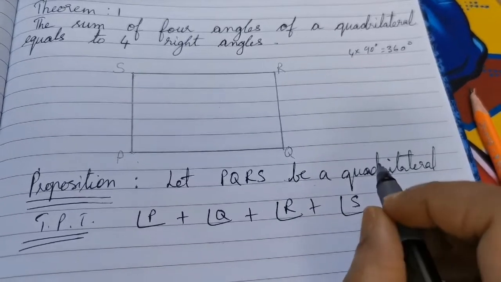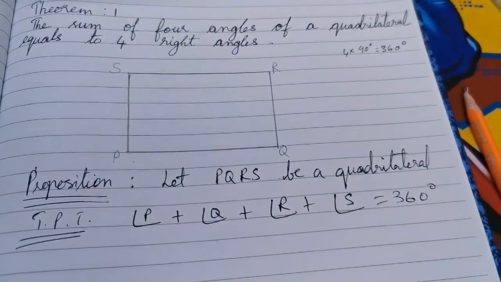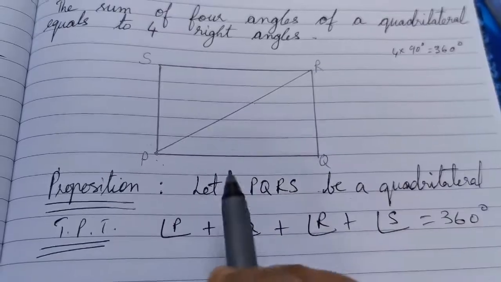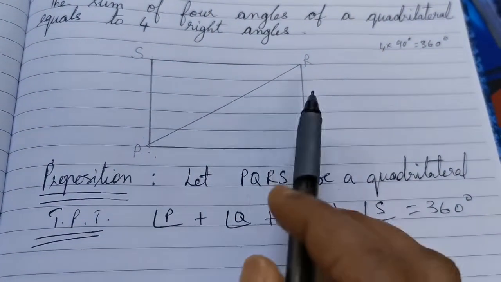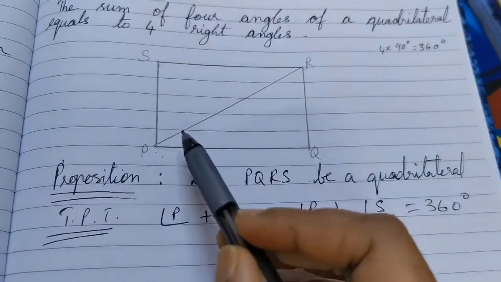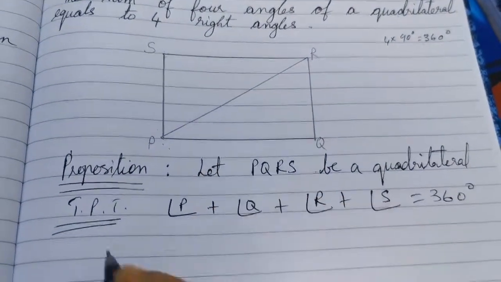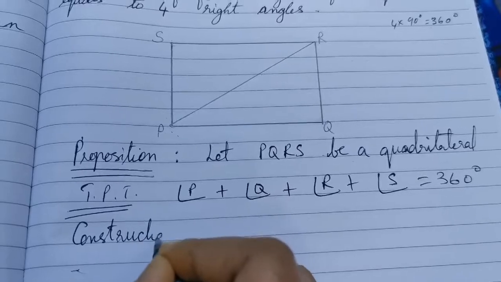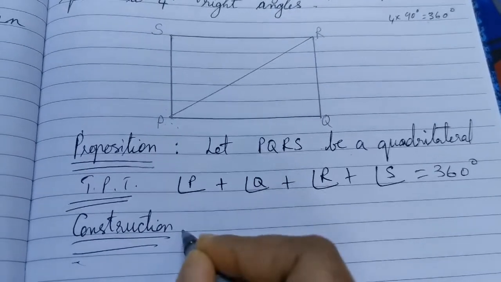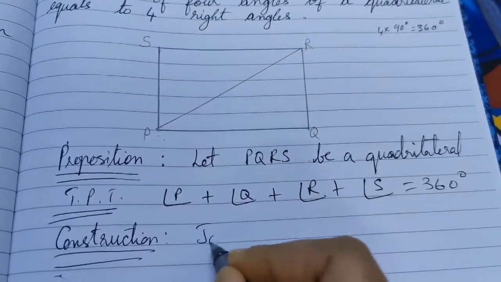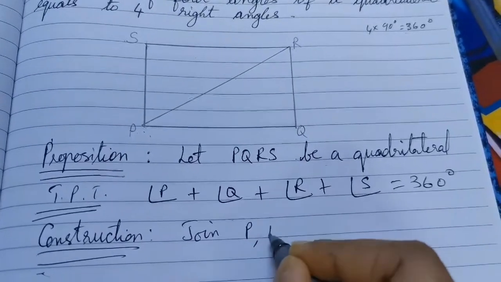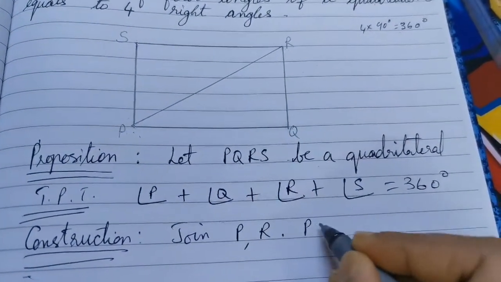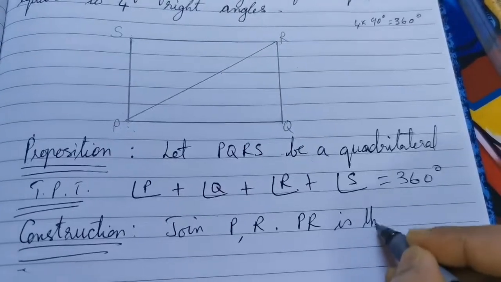To prove this, we need 2 triangles. Here I have joined the vertices P and R, which gives me a diagonal PR. So what did I do now? I did a construction. What was the construction? Join P, R. PR is the diagonal.